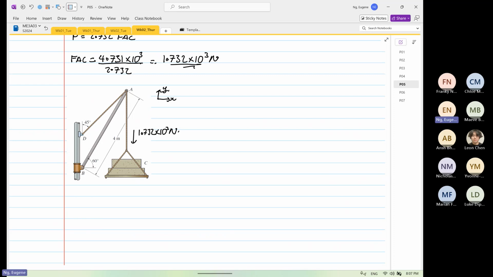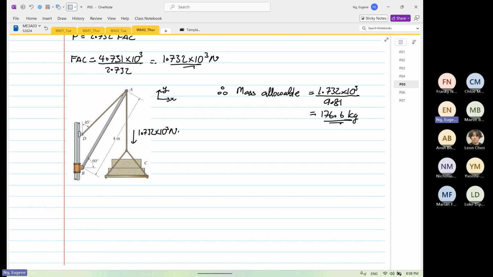So therefore, the allowable mass will be equal to 1.732 times 10 to the power 3 divided by 9.81, which is equal to 176.6 kilograms.